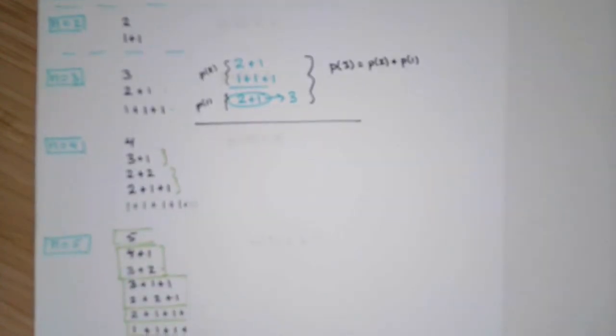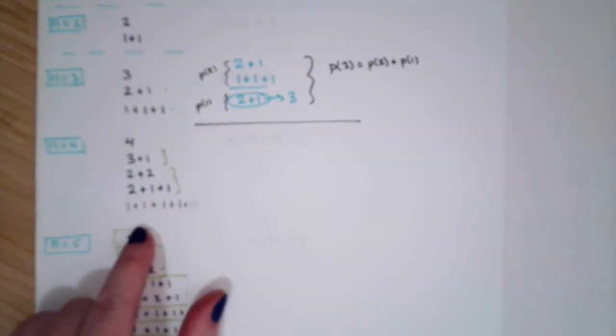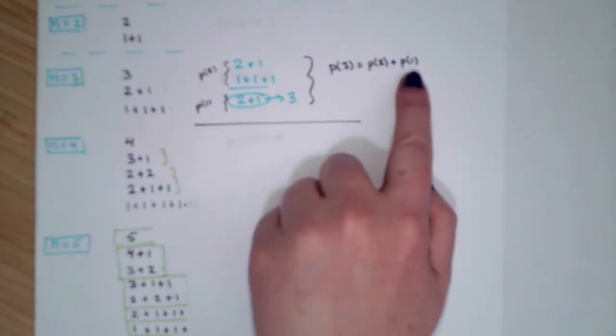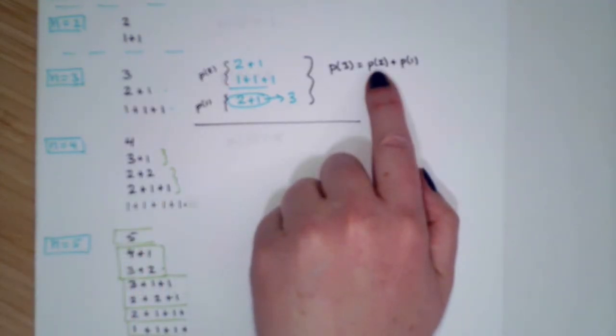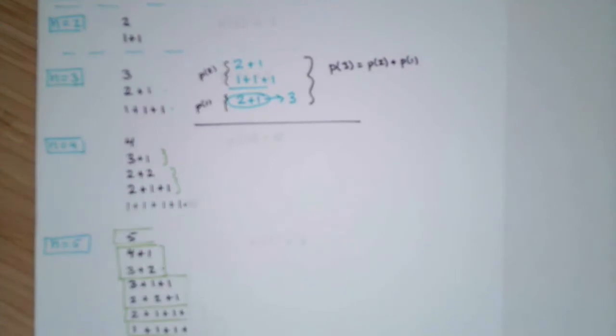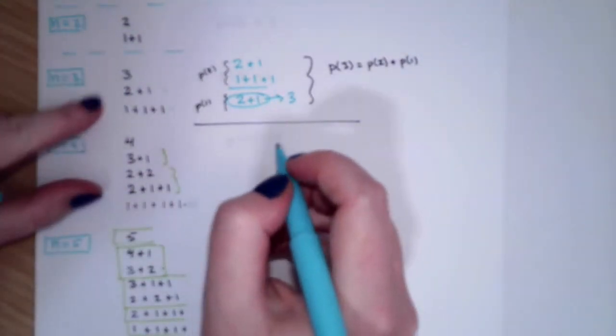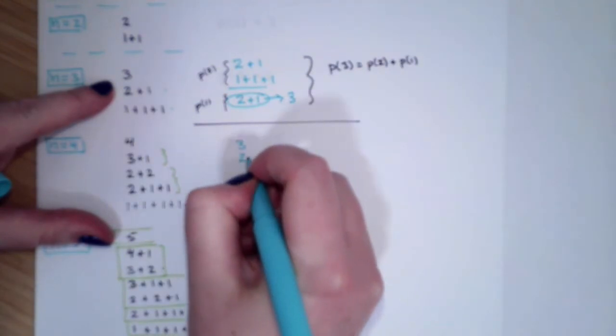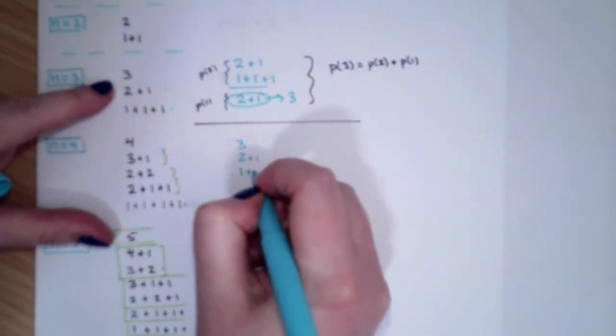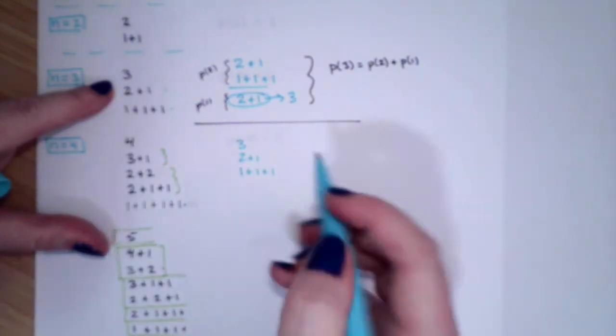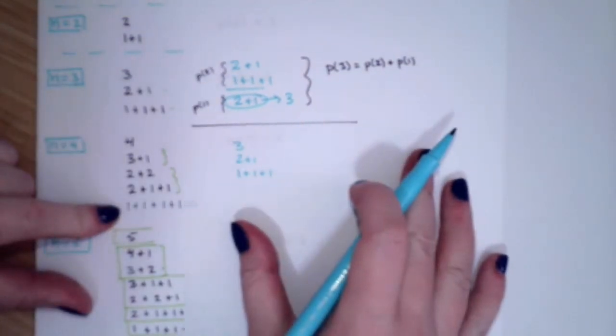Now what happens if we try to reproduce that exact same thing? If we were looking down here at n equals 4, let's see if that same strategy of adding the previous two integer partition numbers together would work. So what if we grabbed n equals 3? We'd have 3, 2 plus 1, 1 plus 1 plus 1. Let's see if they're actually in here.